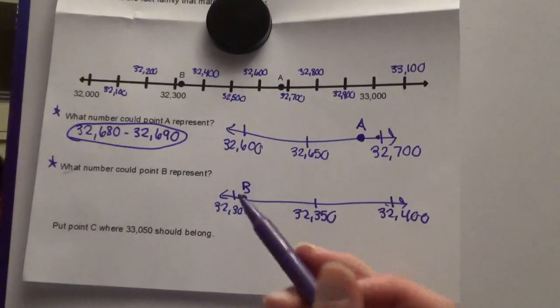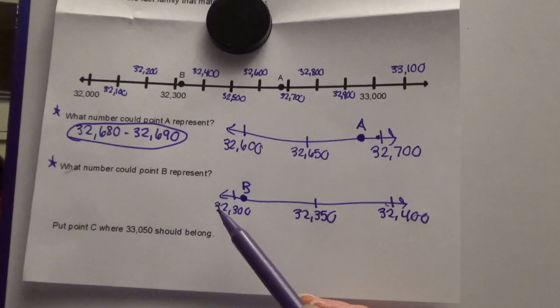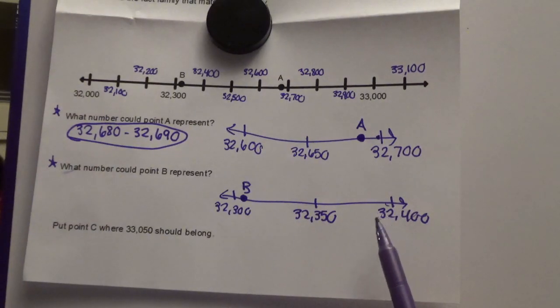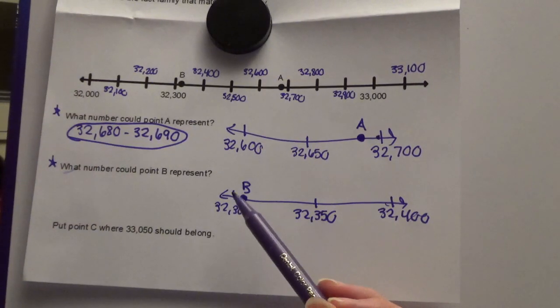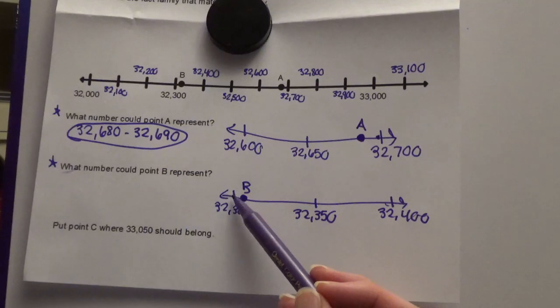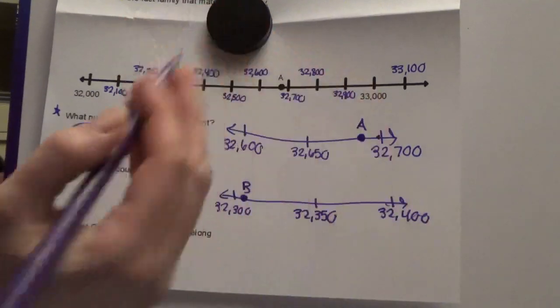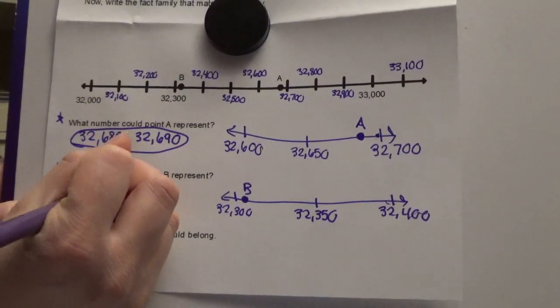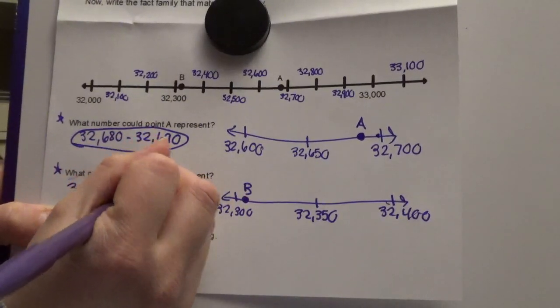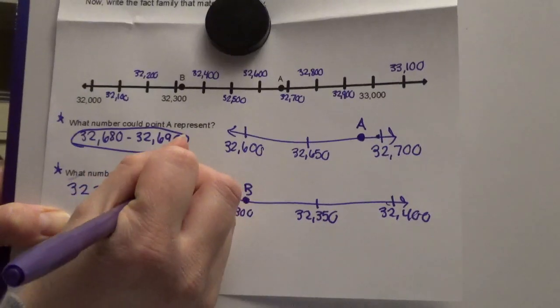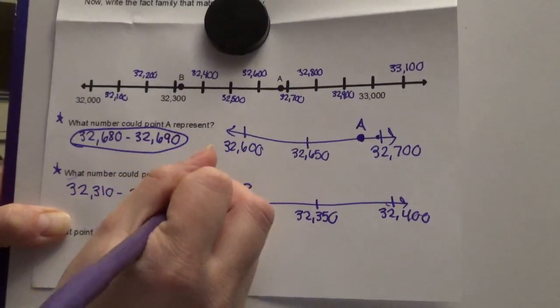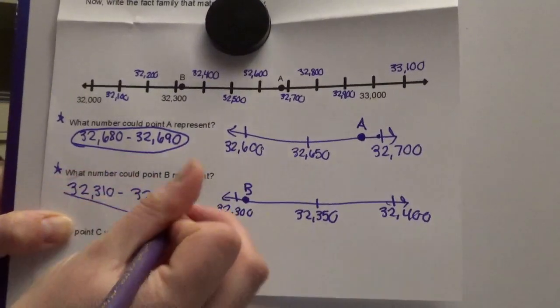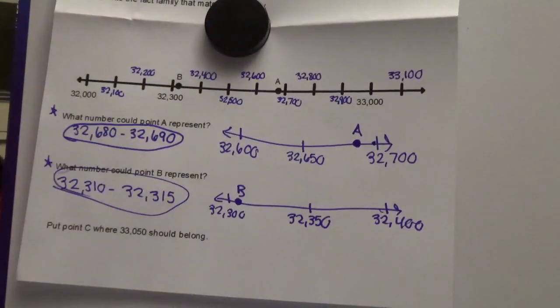So I can clearly see that B is much closer to 32,300 than it is to 32,400. It's not 32,301 because that would have to be right near the line. But if you wrote numbers like 32,310, and I would even accept numbers to 32,300, maybe 15. So those are all good estimates for that value.